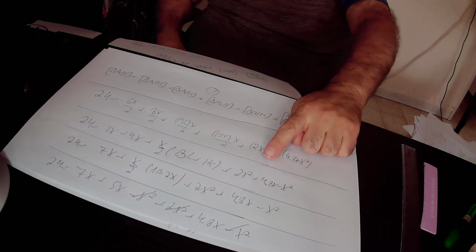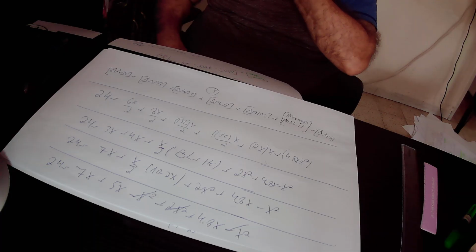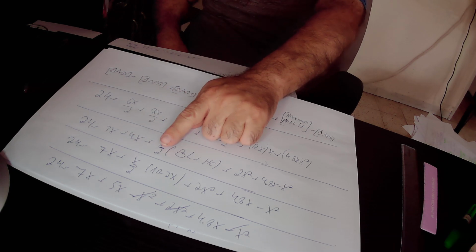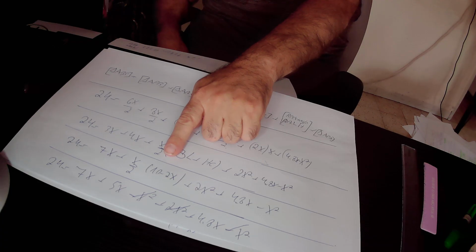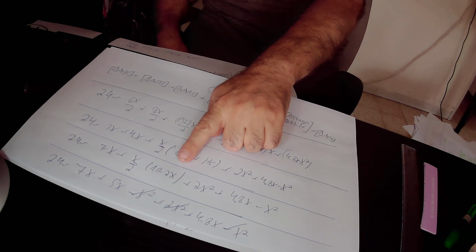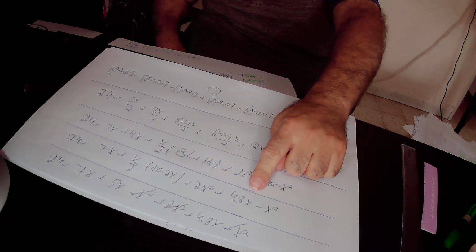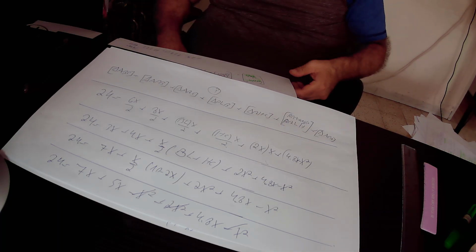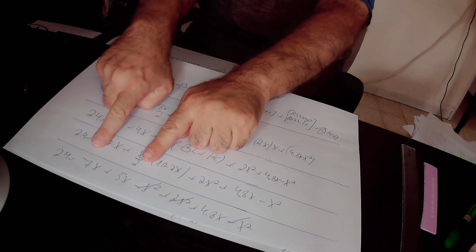Plus 2x squared, and we have here 4.8x minus x squared. So 24 equals 7x times... here we open the brackets of this expression. x over 2 times 10 is 5x. x over 2 times minus 2x is minus x squared, plus 2x squared, plus 4.8x minus x squared. 7x plus 5x is 12x.